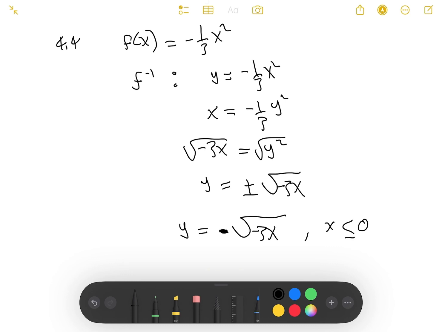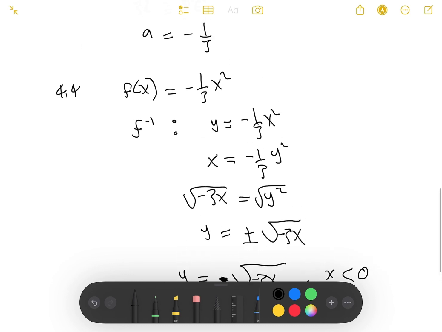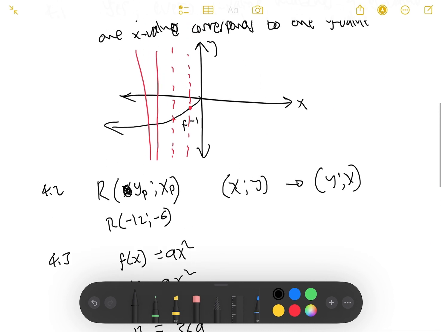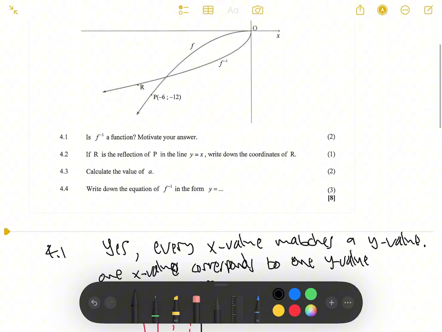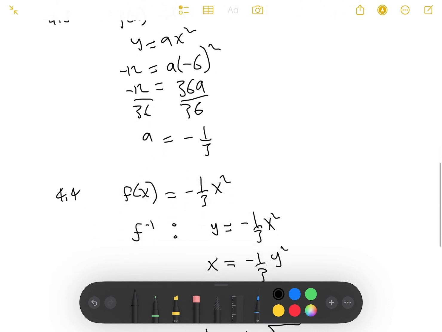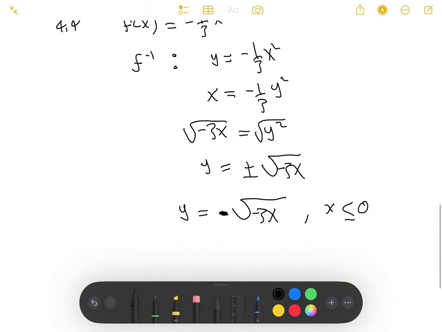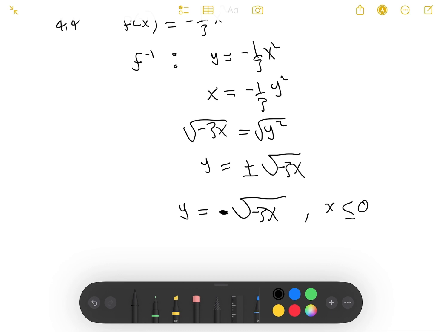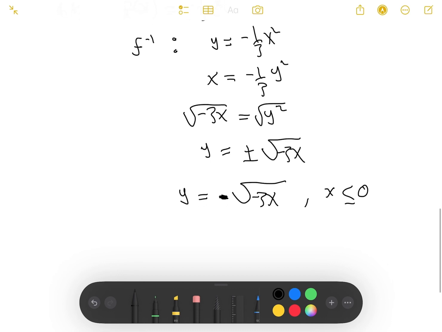And why did we choose negative? Because, as you can see from the two graphs, it is on the negative y-axis. I just hope that makes perfect sense. In any case, upon substituting here, you can see already that our x values have to be negative such that we end up with a positive number inside the square root.